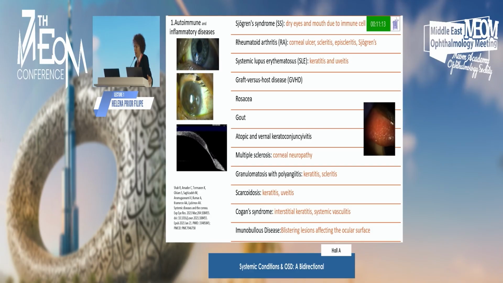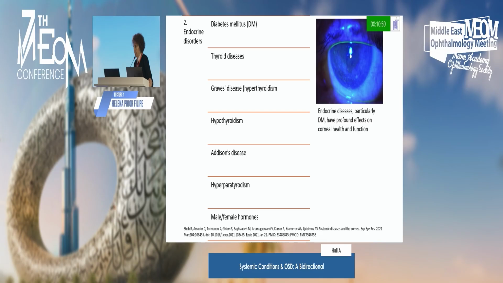We can find keratitis, scleritis, uveitis, for instance, Cogan syndrome with interstitial keratitis and systemic vasculitis, and all those diseases related with immunobullous diseases with blistering lesions affecting the ocular surface in its many ways, and we have already heard about those this morning in these previous marvelous presentations.